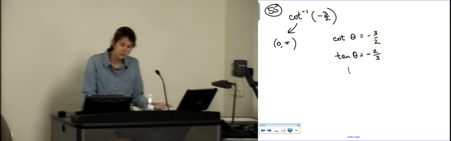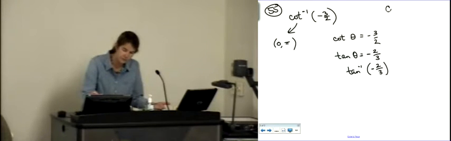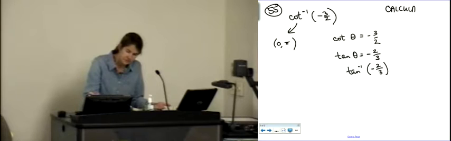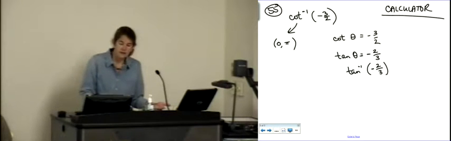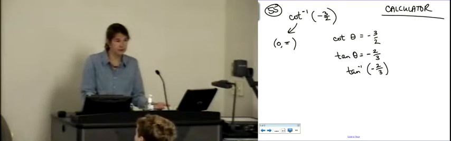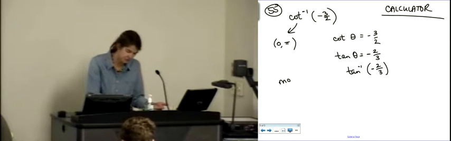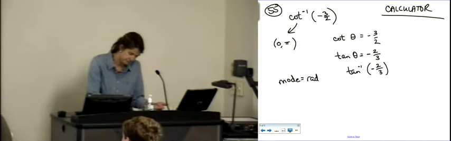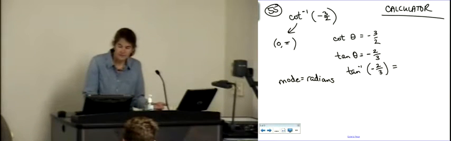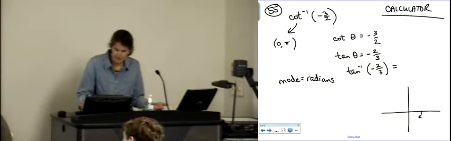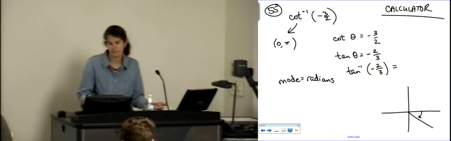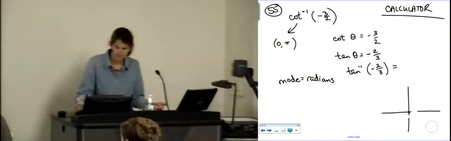So if we use the inverse tangent on our calculators, this was a calculator problem, and remember our calculator was in radians, this gave us some negative angle down in the fourth quadrant. What did it give us?